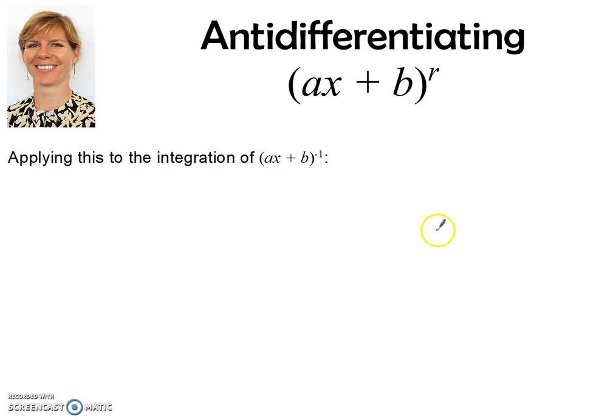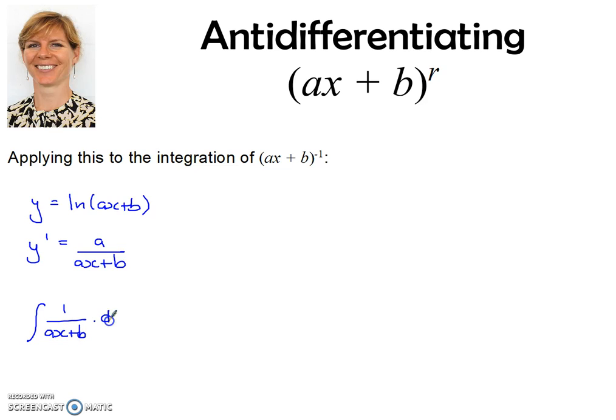To apply this for our integration, remember that if y was ln of ax plus b, the derivative of that was a over ax plus b. So if we're doing it in reverse, what we're actually looking for is the integral of 1 over ax plus b. It's a little bit different because we don't have this a. We want to divide by that a to get rid of it afterwards.